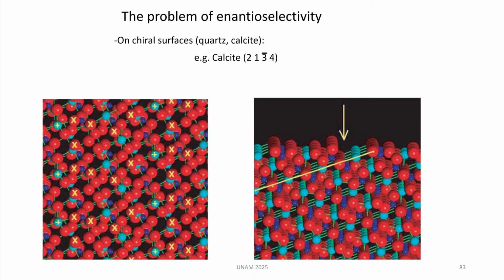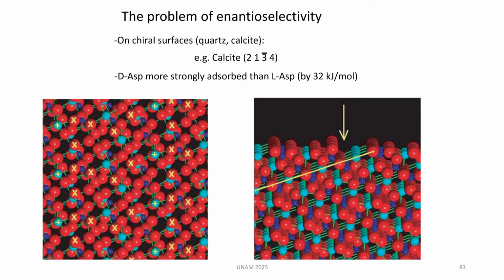And therefore, it was quite logical to say if the surface is chiral, if it's interacting with a racemic mixture of amino acids in which you have the two forms in equal concentrations, maybe the surface will not interact in the same way. And that's what was tested by Bob Hazen.